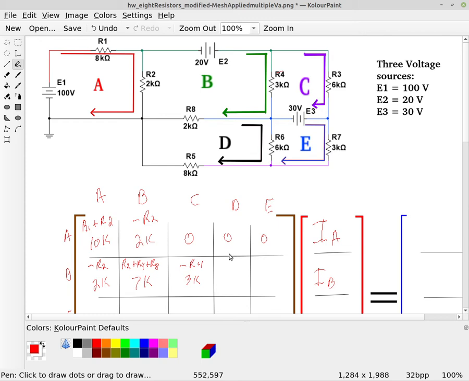And for this, D is touching, R8 is touching, so we're going to subtract off an R8, which is a 2K. And B and E do touch, but they only touch at that one point, so there's no resistance, so we put a 0 in there.